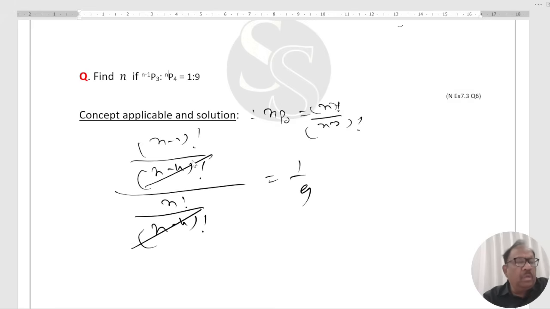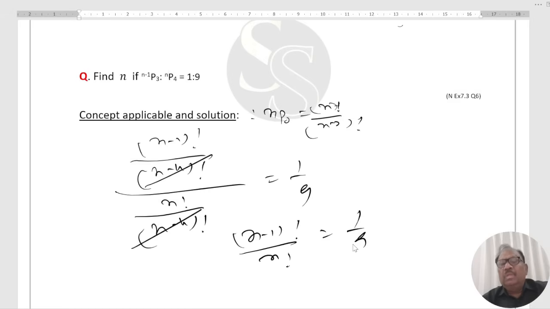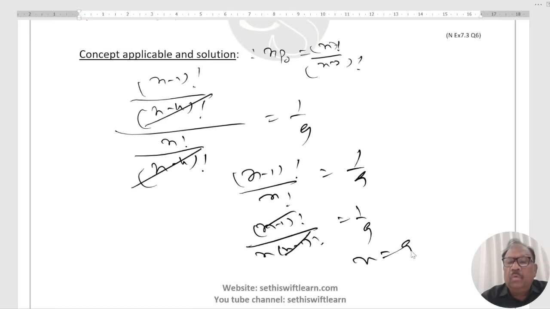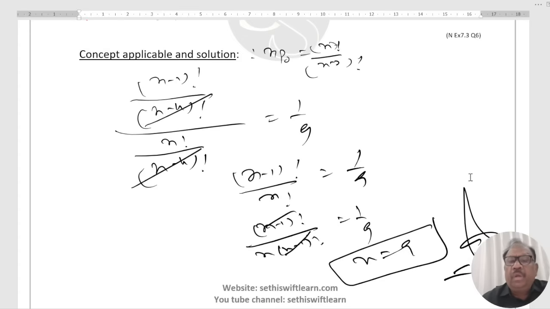On simplification, this comes out to be n minus 1 factorial upon n factorial equal to 1/9. General tendency is to reduce higher factorial into lower factorial. So n minus 1 factorial upon n into n minus 1 factorial. We can stop at the position of requirement, that is equal to 1/9. This gives n equal to 9. That is the answer. Right? Next question.